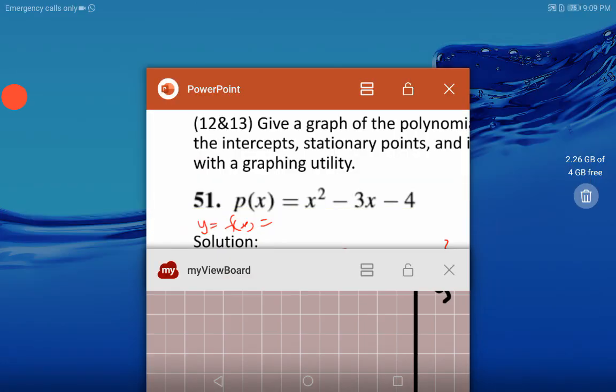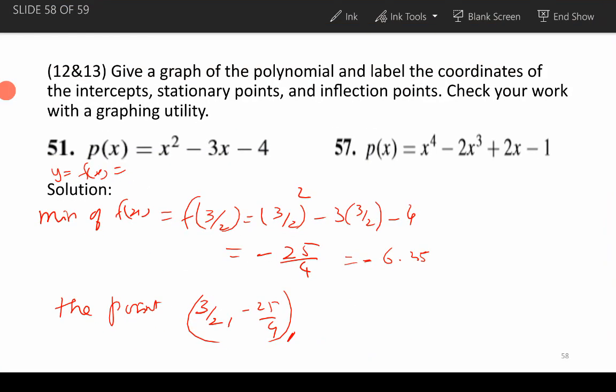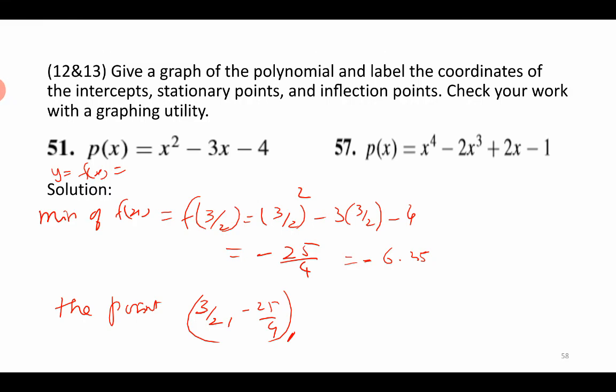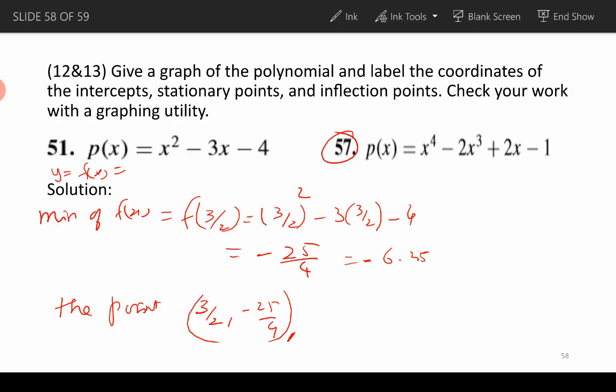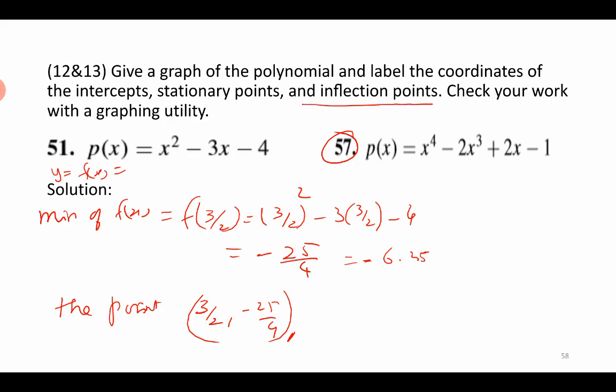Now let's go to the next problem, problem number 57. The question is not complete actually for 51. We have to find inflection points as well. Do you have any inflection point in the graph? Have you seen? No, because the second derivative is 2, which is constant, not equal to 0.